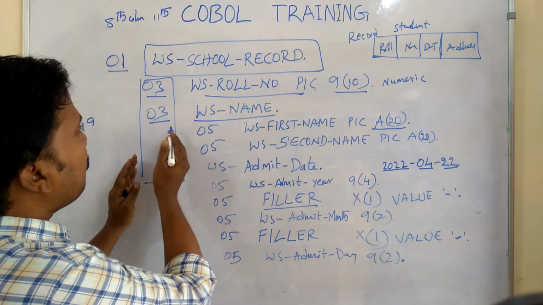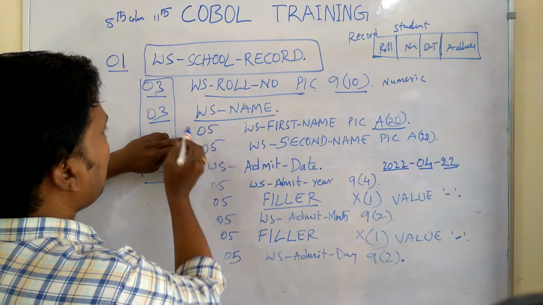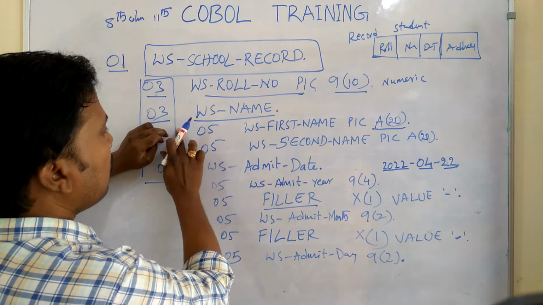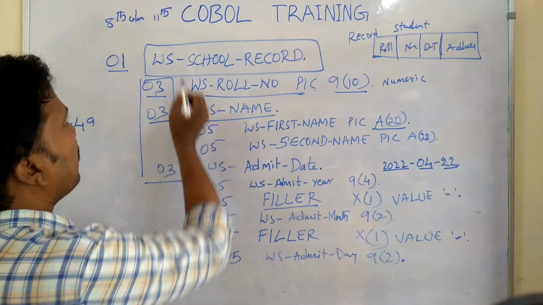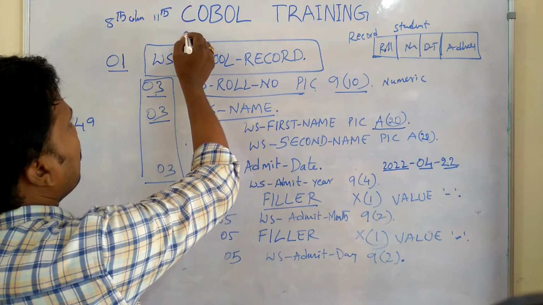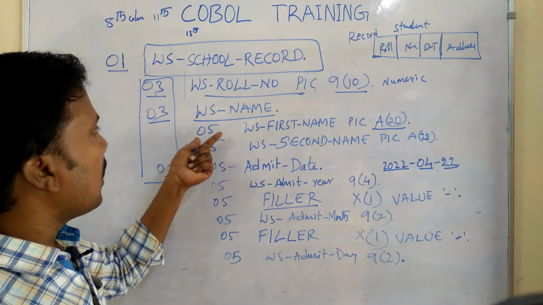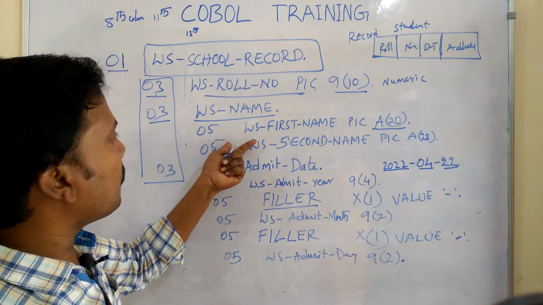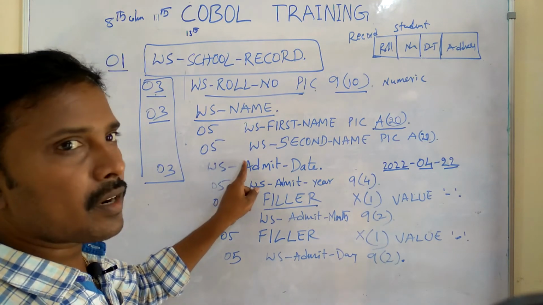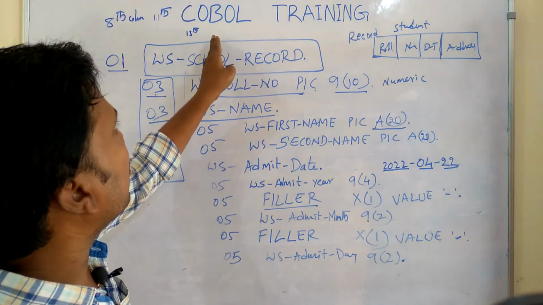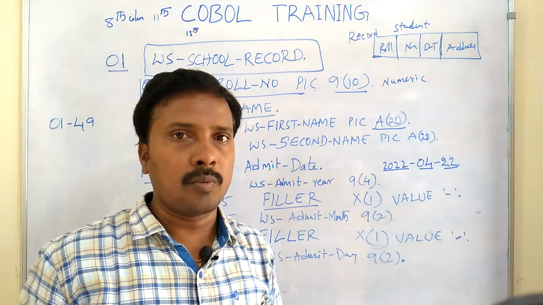And if you are writing sub elements under this, after 03, we have to give 2 spaces before writing the next level 05, for example at the 13th or 14th column. Again, if you are subgrouping other sub elements under this, we write 07 or 09, something like that, at the 15th, 16th, 17th column, like that. I hope you understand it.